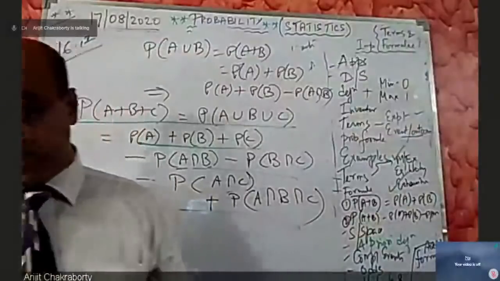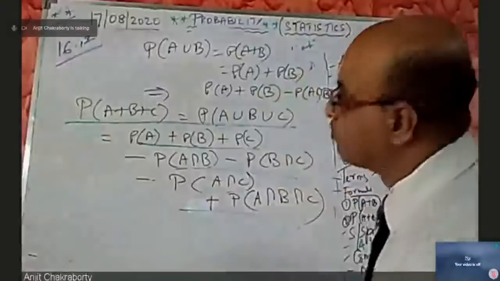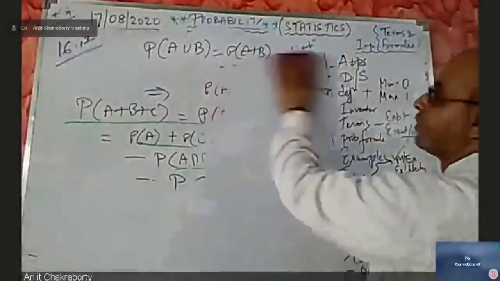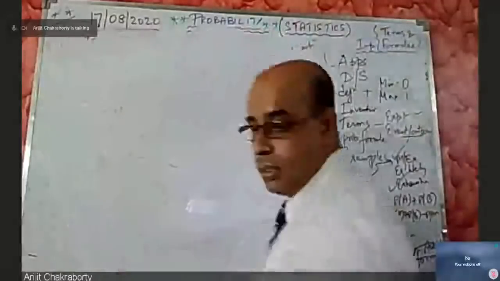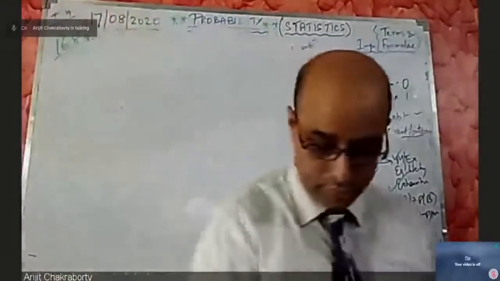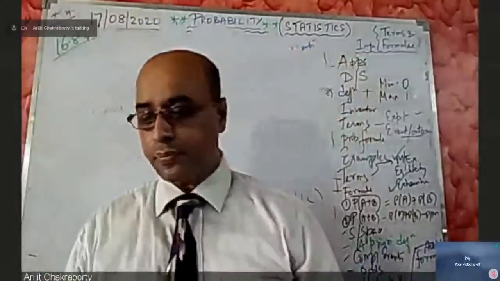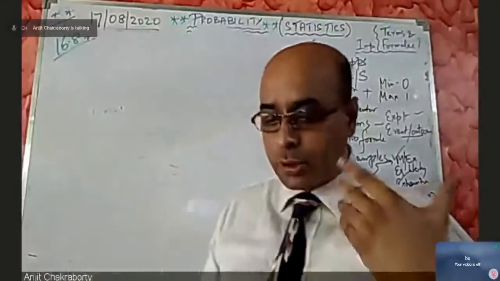Now we go to the last part, 16.8, which is on conditional probability and compound probability. So we go to 16.8 of the chapter, 16.8 of your study material.